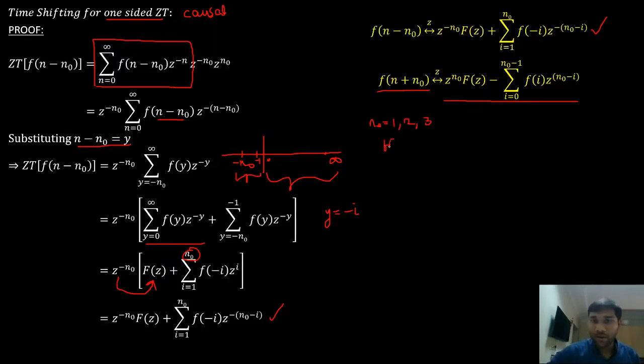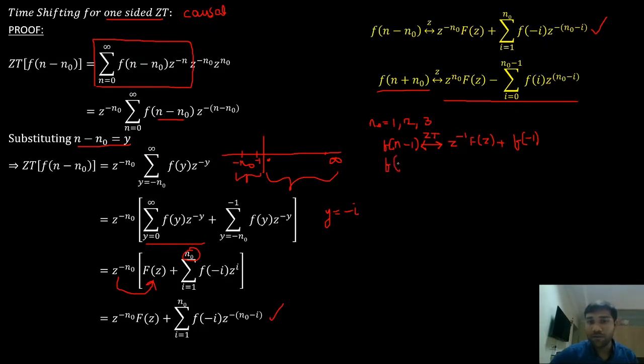So when n naught is equal to 1, then f of n minus 1 will have the one-sided z transform as z inverse into f of z, plus, when n naught is equal to 1, summation I equals 1 to 1, so the value of I is just 1, so f of minus 1 z to the power minus n naught minus I, that is 1 minus 1, which is 0, z to the power 0.